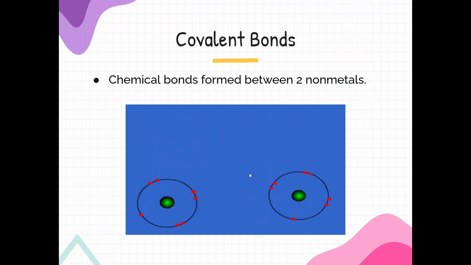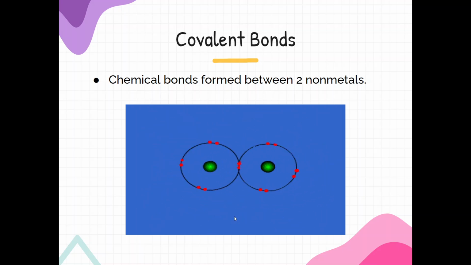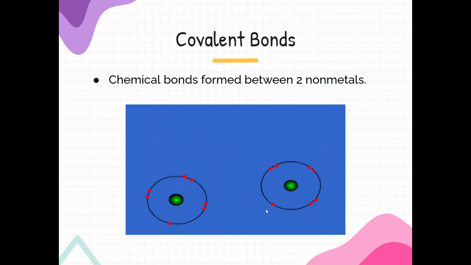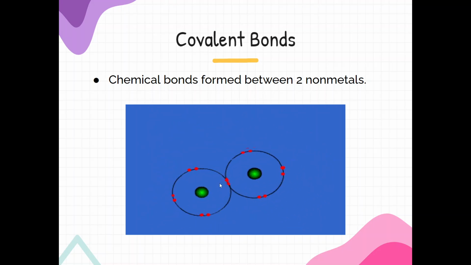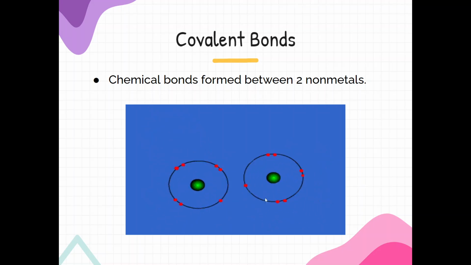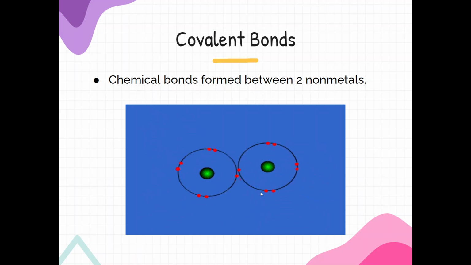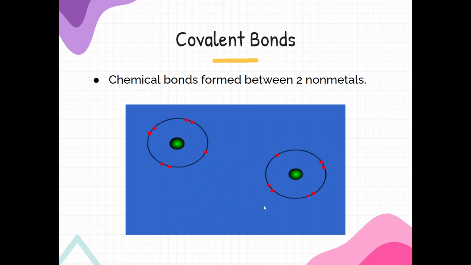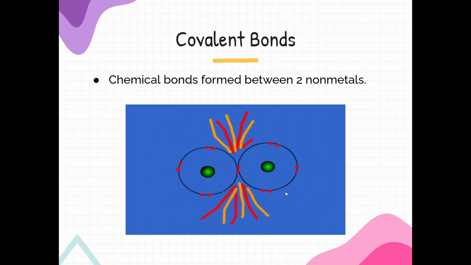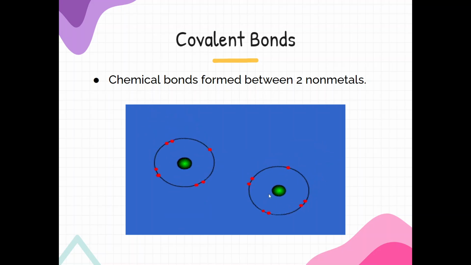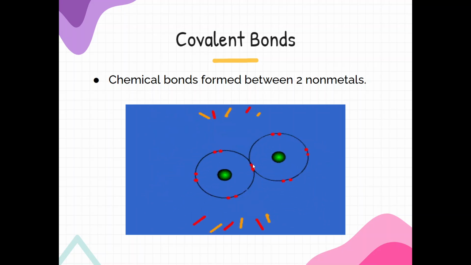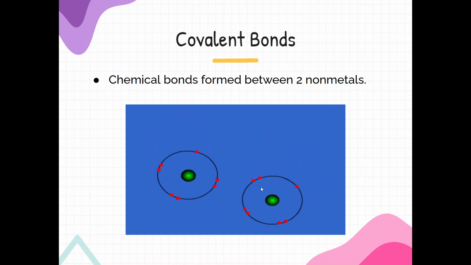Here in this little animation, you can see how a covalent bond occurs between two nonmetal atoms. These little atoms are just showing their valence electrons. We're going to pretend that this is a fluorine atom, for example, with 7 valence electrons. I told you earlier this week that single electrons are the electrons that can mingle.